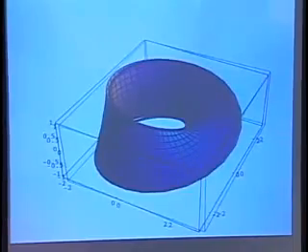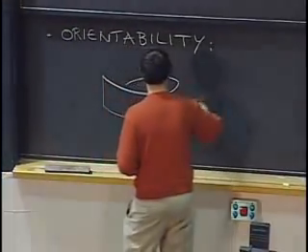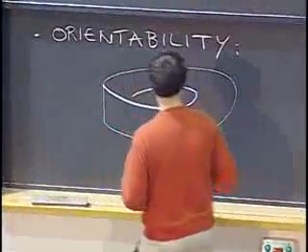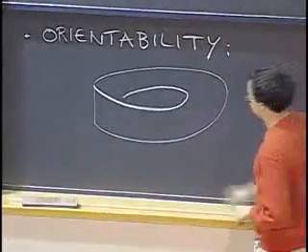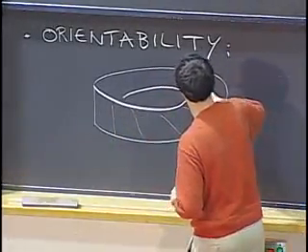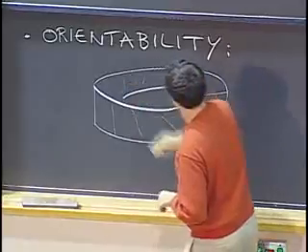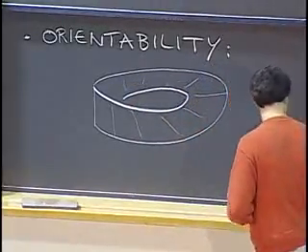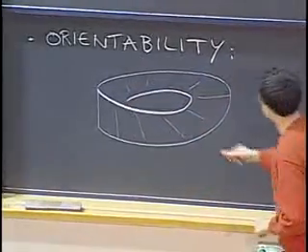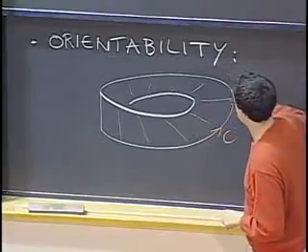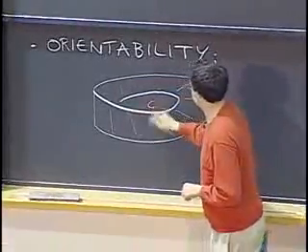So see, for example, if I take this Möbius strip and I try to find an orientation. Here it looks like that. Well, let's say that I've oriented my curve going in this direction. So I go around, around, around, still going in this direction.